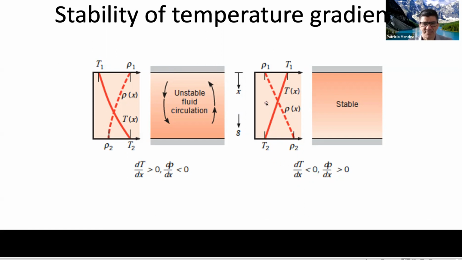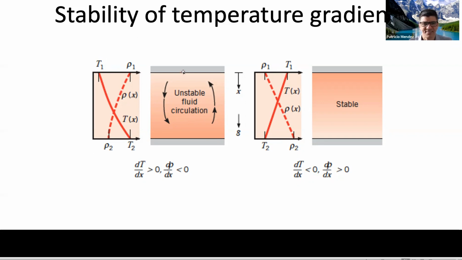If this pinkish orange one here is the fluid and this gray are the plates, we have two possibilities: that the top is colder than the bottom, or that the top is hotter than the bottom.